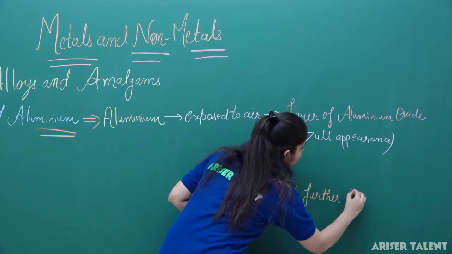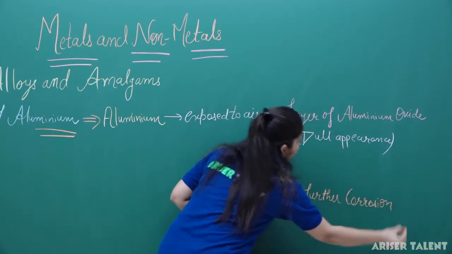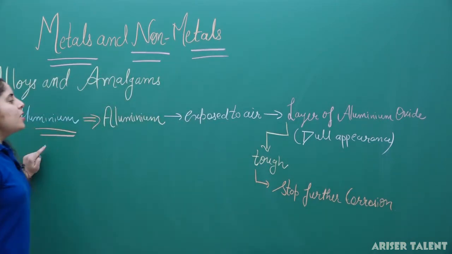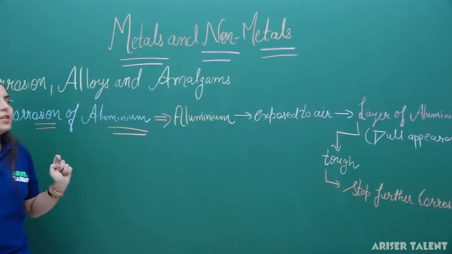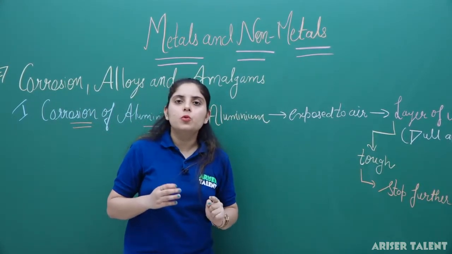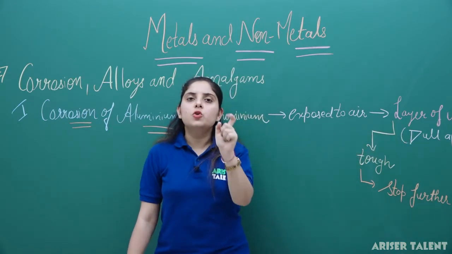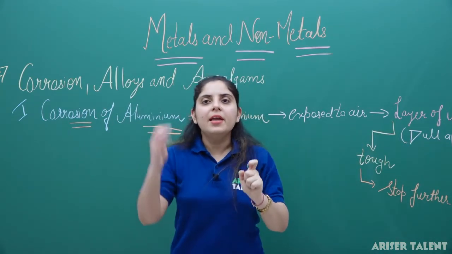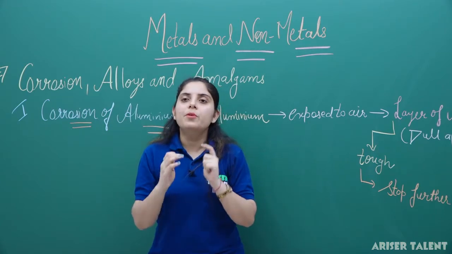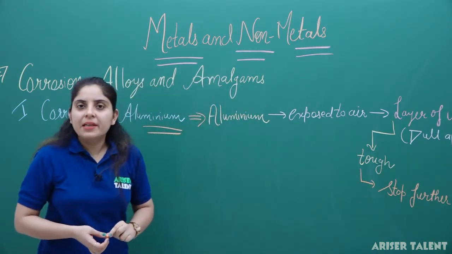So this is all about the corrosion of aluminium. It means when aluminium metal is exposed to air, a thin layer of aluminium oxide is formed. This layer is so hard and tough that it prevents air from entering the surface and protects the metal from further corrosion. I hope this topic has been clear to you.